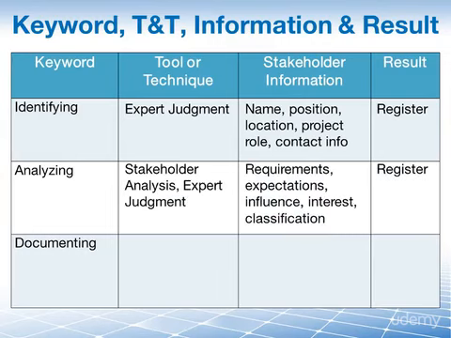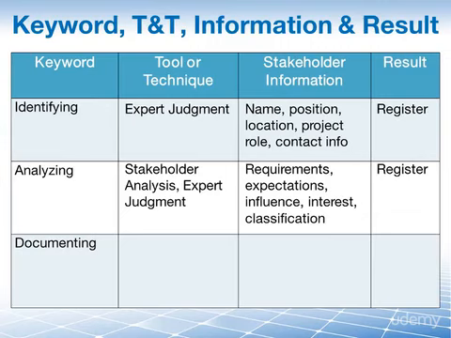Then we have analyzing. Once identified, we will analyze them using a technique called stakeholder analysis, and together with the expert judgment, we will determine communication requirements, expectations, their influence and interest.